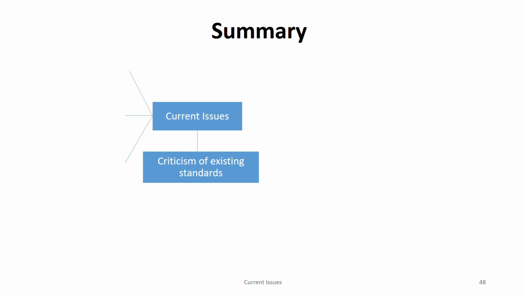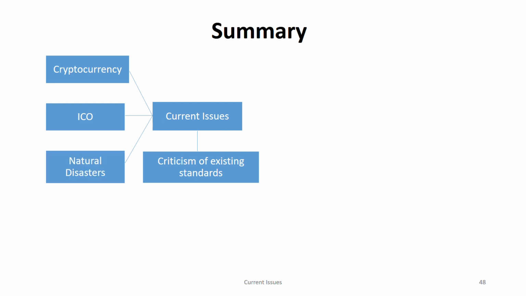Then we went through the SBR syllabus. Okay, in the SBR syllabus we are going to cover the rest, everything else. So under current issue, there were three current issues. The first one was cryptocurrency. We went through ICO and then we went through the natural disaster. Under cryptocurrency, we told it is not cash, it is not cash equivalent, it is not a financial instrument also, it is an intangible asset, but there were some limitations and all.